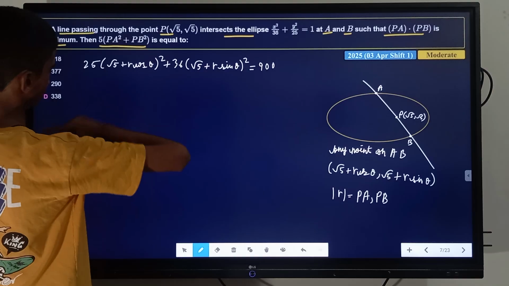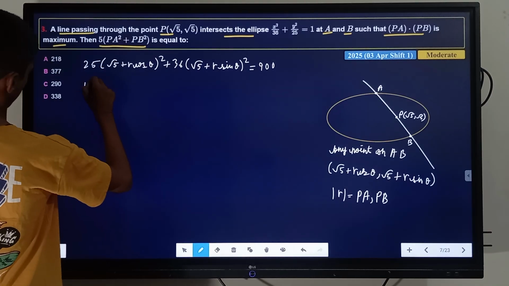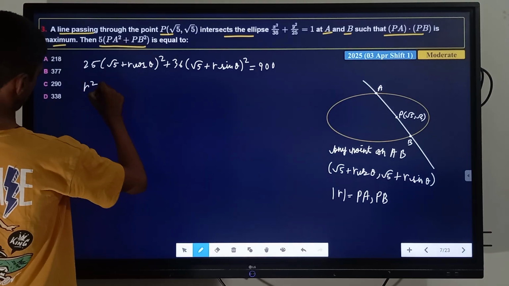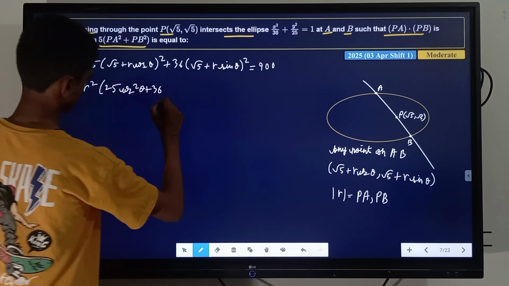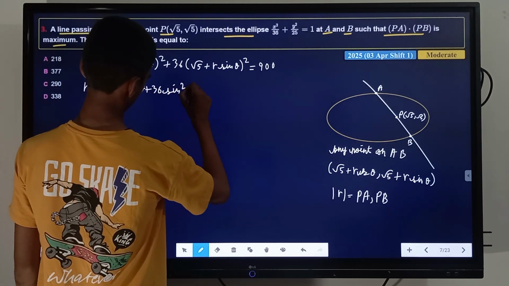Now in this expression we will take the terms which have r square inside. We get 25 cos square theta plus 36 sin square theta.